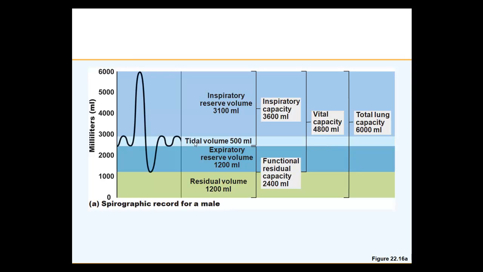That will be connected to a needle that goes on reporting papers. So when you're breathing in, the curve will go down, and if you're breathing out, the curve will go up. This is what you're looking at.